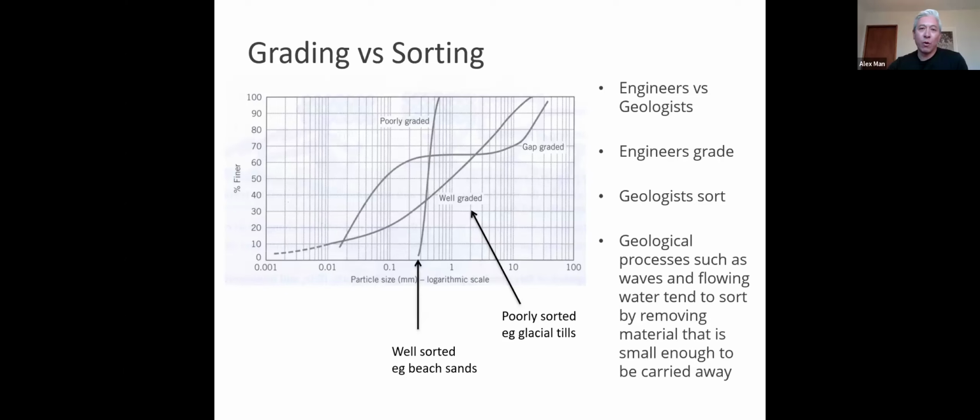Like a beach, it's just going to wash back and forth, and you're going to be left with a similar size material, and smaller grains get taken away. Poorly sorted things like glacial tills just haven't had that kind of energy imparted to them, so they end up having representation from a larger grain size distribution. So they're not sorted, they're poorly sorted.